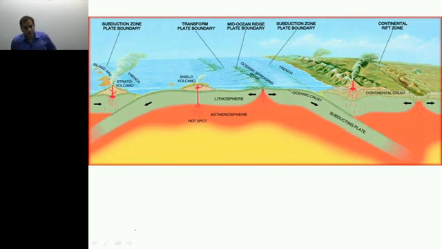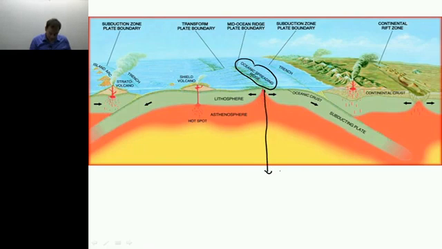Now, first looking at the mid-oceanic ridge, you can see that the ocean floor is spreading here, and it is associated with this kind of plate boundary. That is, they are associated with the mid-oceanic ridges. This is a mid-oceanic ridge. I am marking it as 1 in the figure.